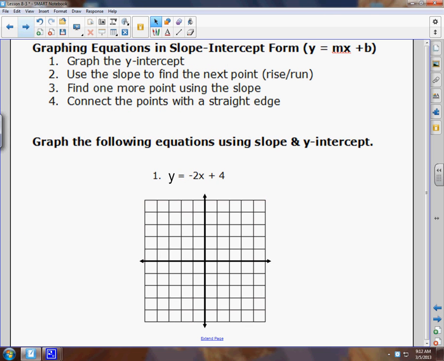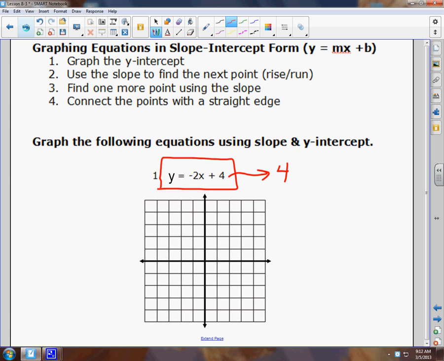Okay, so graphing equations in slope-intercept form. So it says, if I want to graph this equation, and I don't want to make the big table and fill in all the points, you don't have to. Here is another easier way. Okay, so first, graph the y-intercept. So you look to find out where the y-intercept is, which in this case is 4.